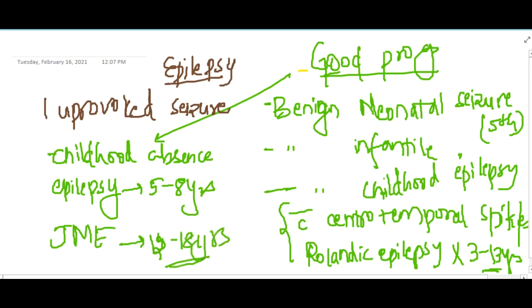So the epilepsies with good prognosis are benign neonatal seizures, benign infantile seizures, benign childhood epilepsy with centrotemporal spikes or Rolandic epilepsy between 3 to 13 years, childhood absence epilepsy between 5 to 8 years, and juvenile myoclonic epilepsy between 12 to 18 years.